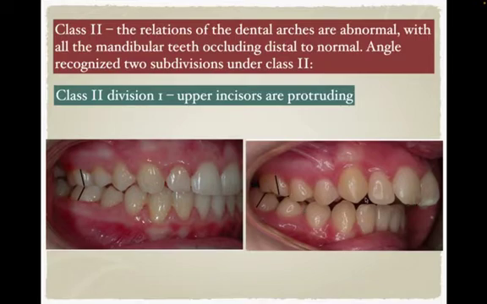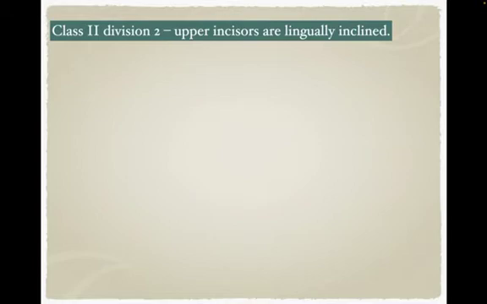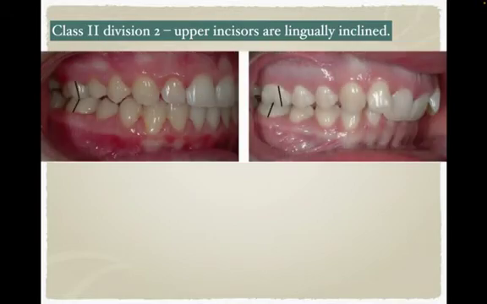For example, here you can see that the patient has a class 2 molar that resulted in an anterior increased overjet. While class 2 division 2 is where the upper incisors are inclined lingually or retroclined. You can see here that the molar relationship is class 2. So this is a class 2 malocclusion, and because the incisors are retroclined, Angle classified this as retroclined teeth.